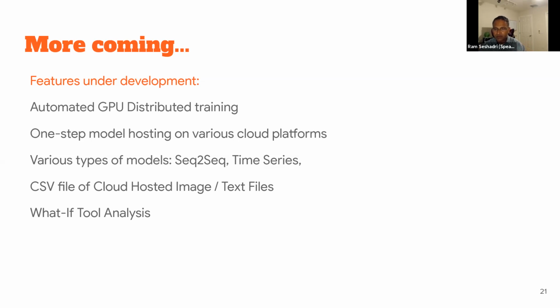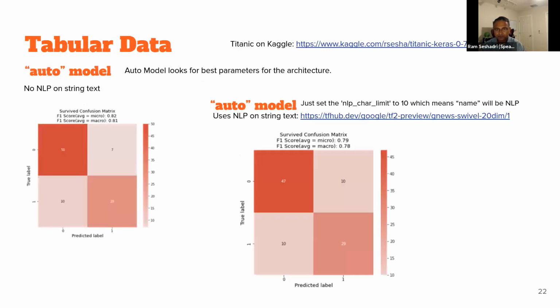You want to be able to give a CSV file of all those images, and I should be able to go to that storage layer and pick them up, provided you provide the authentication. That kind of work is what I'm thinking would be helpful. Finally, I want to incorporate explainability and What-If Tool analysis.